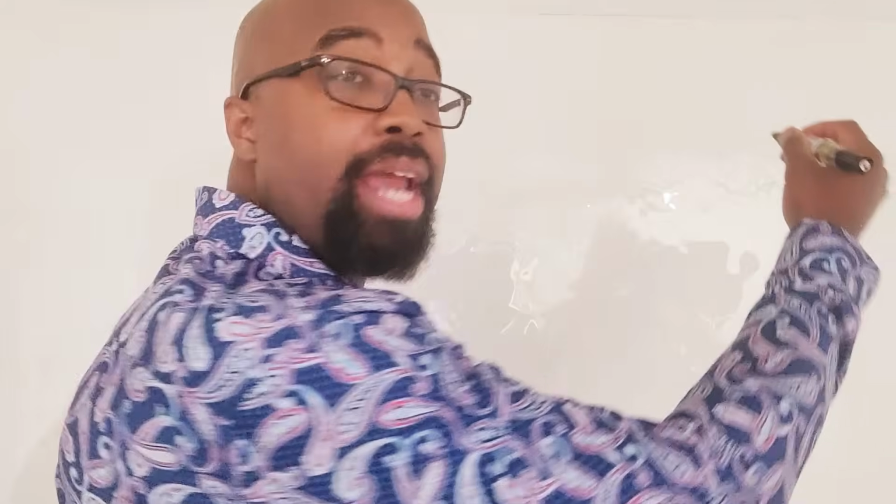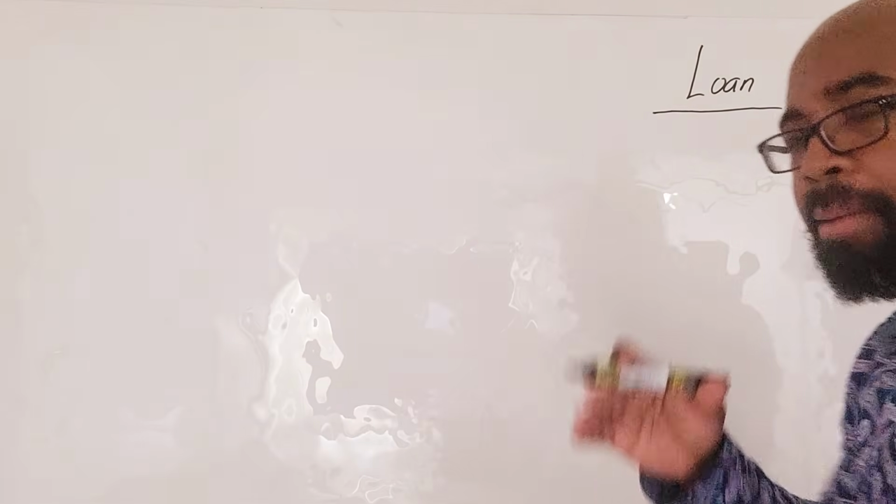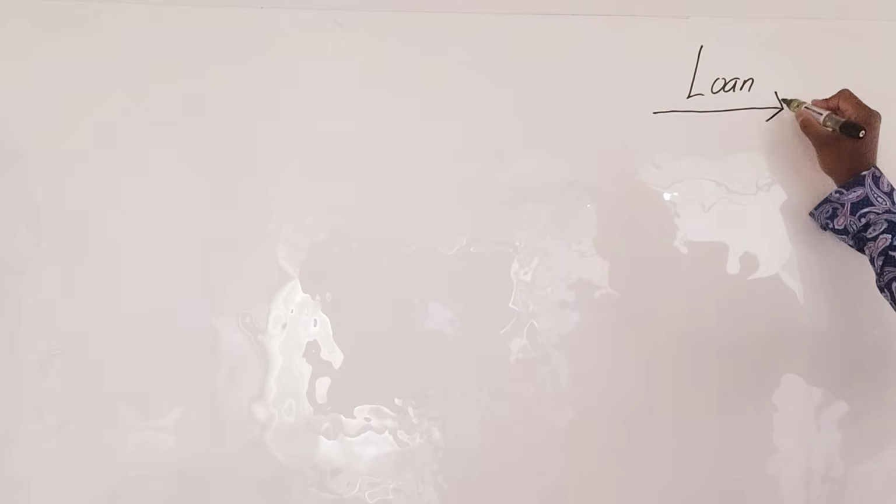So let's go ahead and get into it. We have two loans here. One loan is going to be in the amount of $20,000. So let's go ahead and write loan right here so you can see it. And remember, yes, we're underlining the loan, but we want you to know that every loan is going this way.